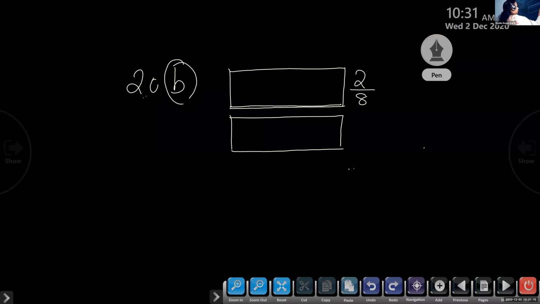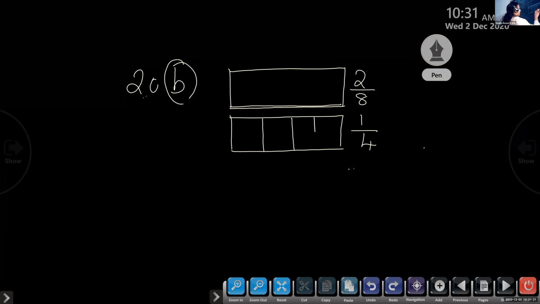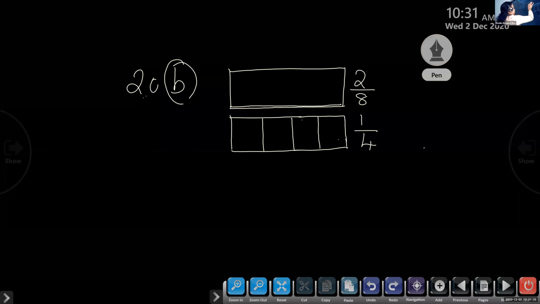1 by 4. So first I will divide this picture into 4 parts. Okay. So 1 by 4. When we do together, we can do.